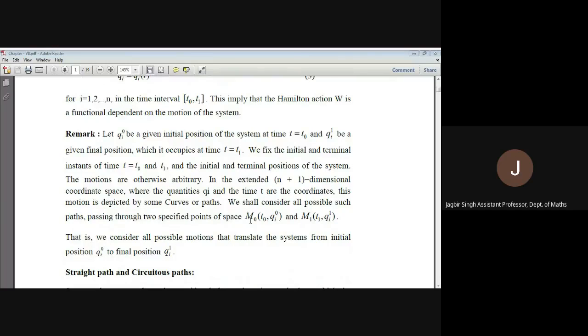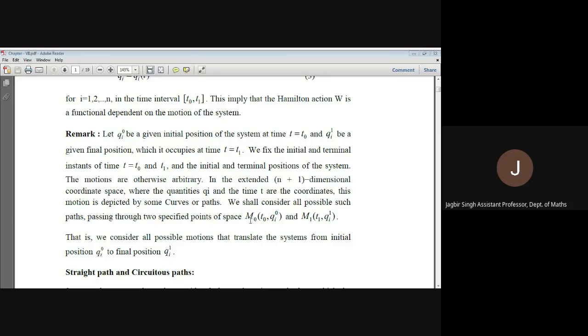Now we are going to discuss the variation of Hamilton action. The variation during some movement of the particles: if some movement is going on, then there will be some initial position and some final position.